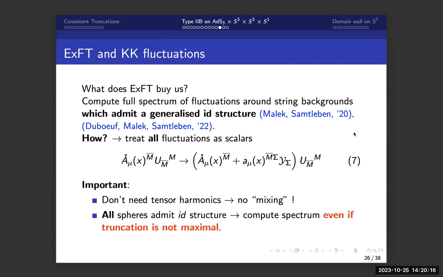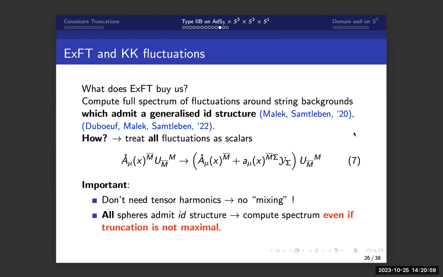The reason you can do it is that if you start from some background, you can consider fluctuations around it, but you encode all the tensor structure of the fluctuations in the frame that defines the identity structure. And so the fluctuations are expanded only in terms of scalar harmonics on the compactification. You don't need the full tensor harmonics anymore. And so this mixing of all the different tensor structures doesn't happen anymore.